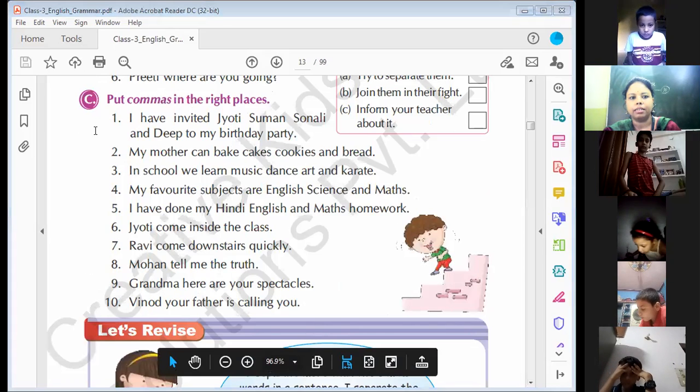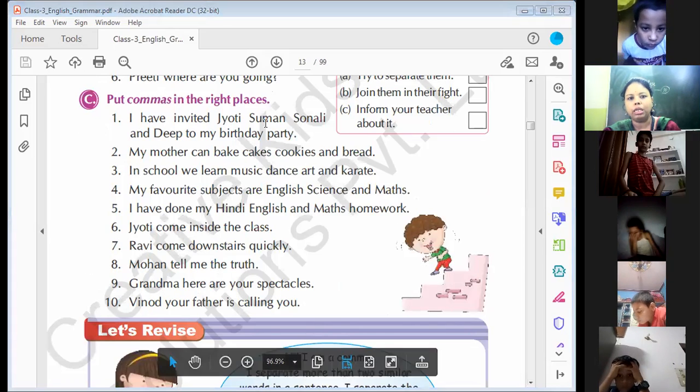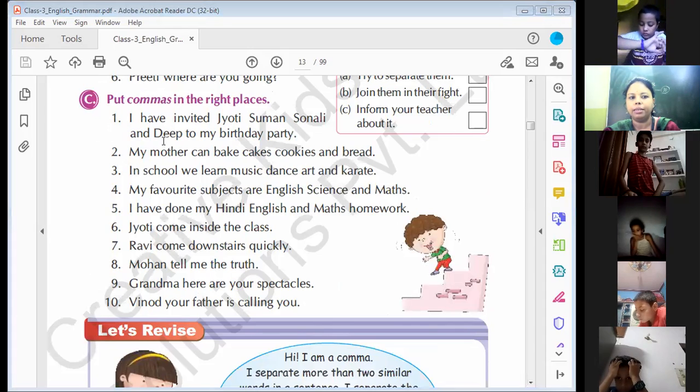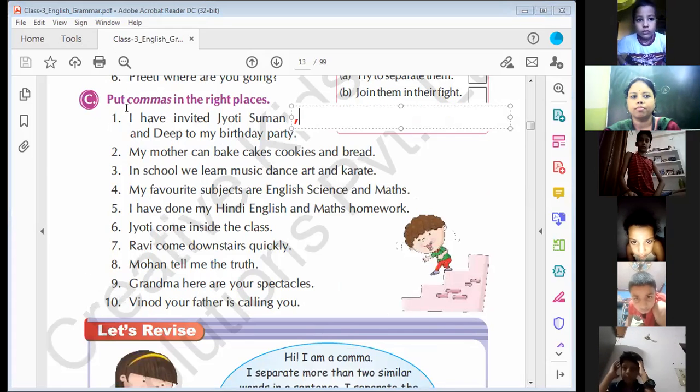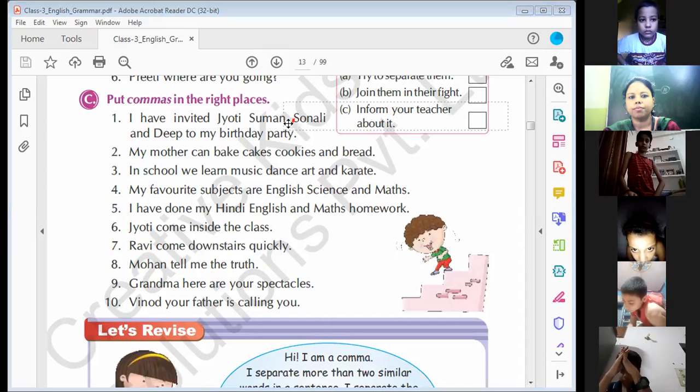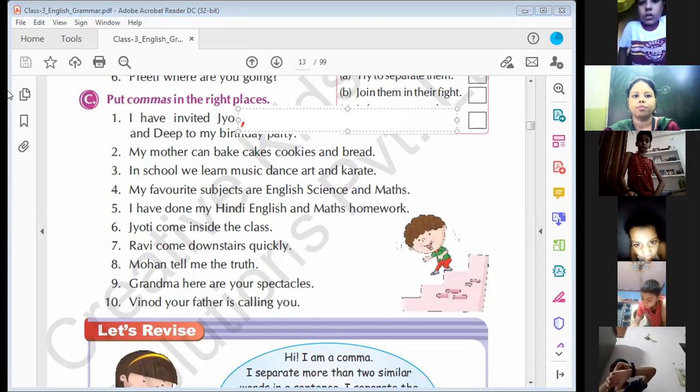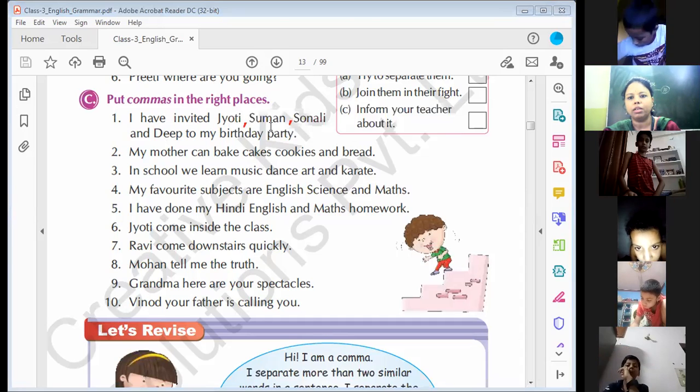Let's complete this exercise. I have invited Jyoti, Suman, Sonali, and Deepa to my birthday party. So here, where we have to put commas? Between Jyoti and Suman, and Suman and Sonali, and Sonali and Deepa.